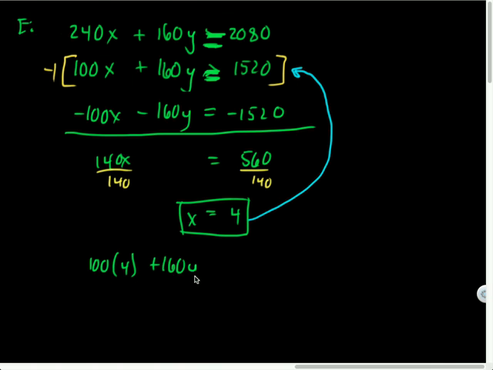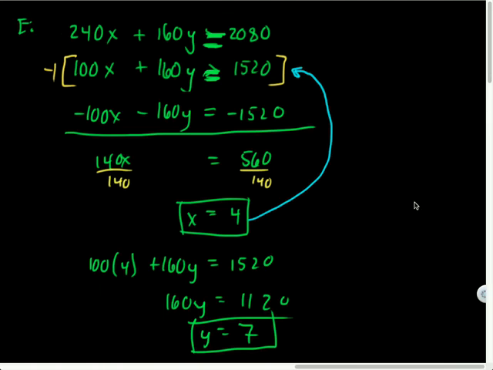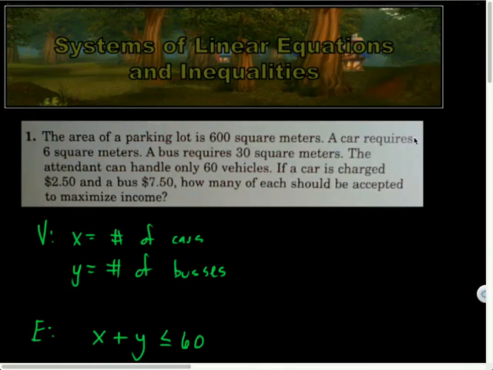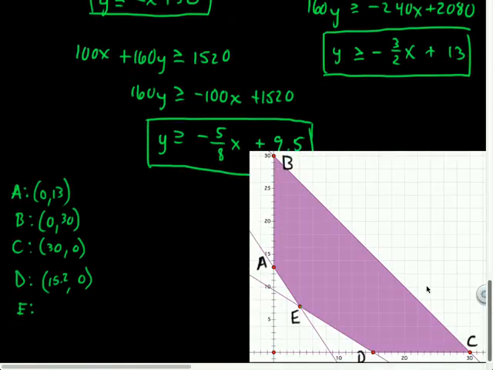You also could have used matrices or anything like that. So I'll have 160y equals, subtract 400 from both sides, that's 1120. Divide by 160, 1120 divided by 160, I get 7. Aha, so it did actually land perfectly on the grid. But I had no confidence in that possibly being the case the way it was showing. So with all of my work, I've justified that it is (4, 7).